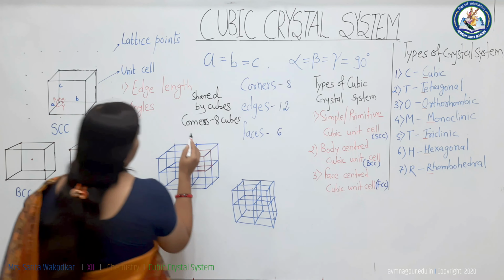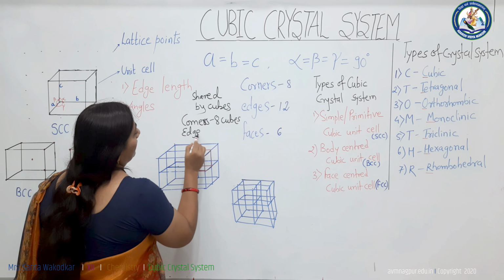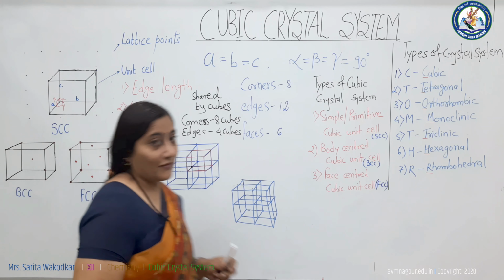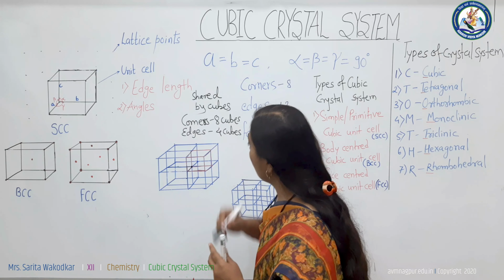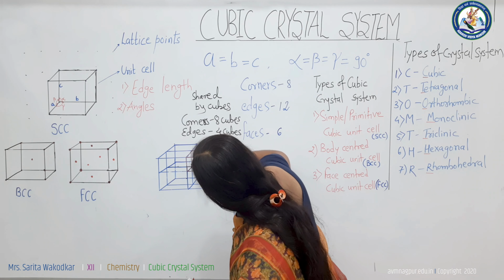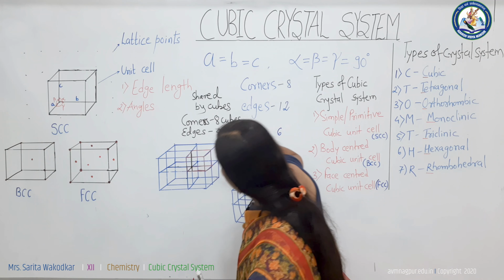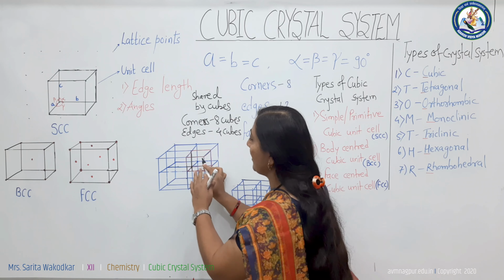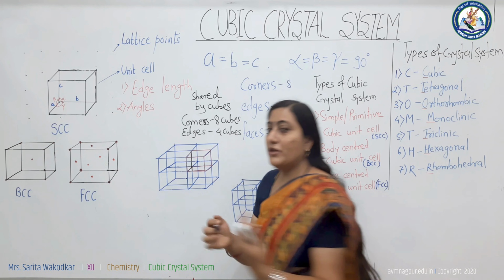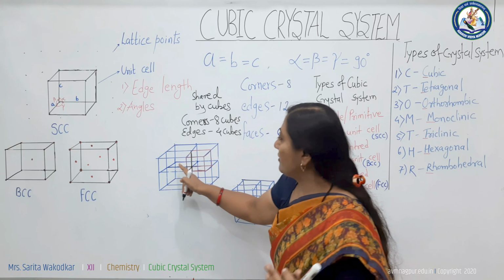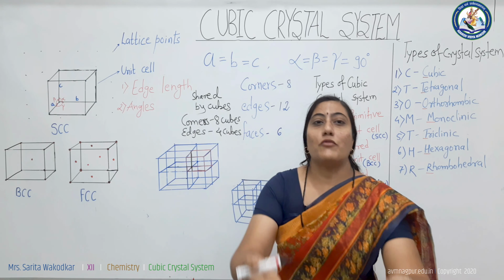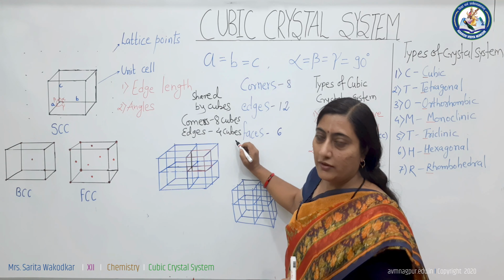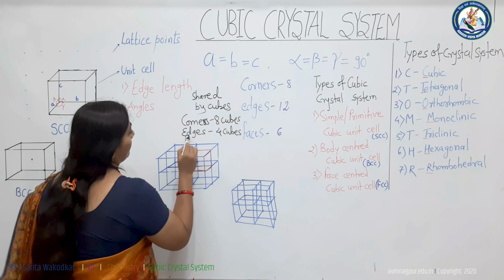Okay. Then edges. Edges are shared by 4 cubes. How? See, if we consider this is an edge of the cube, it is shared by this cube. Same from the left side, which means from the front side the edge is shared by 2 cubes. Same from the back side, so it is shared by a total of 4 cubes. And last, faces.